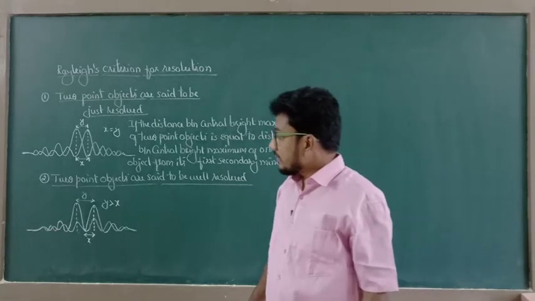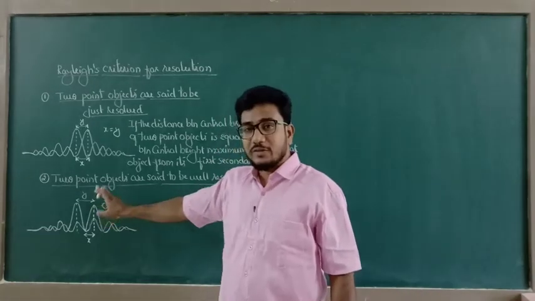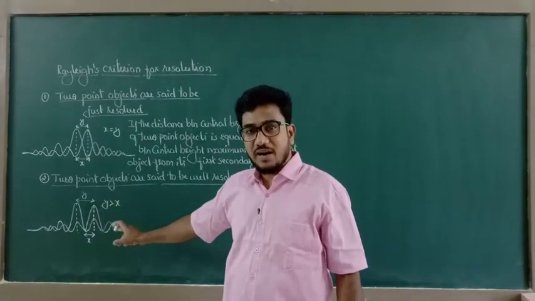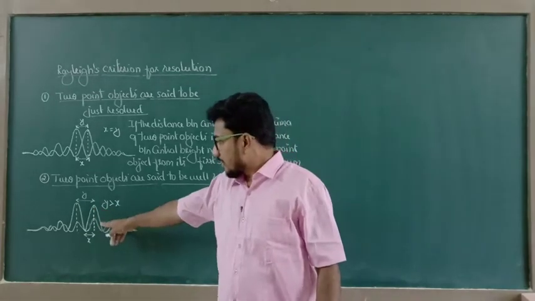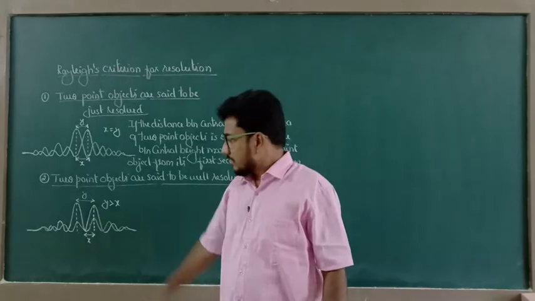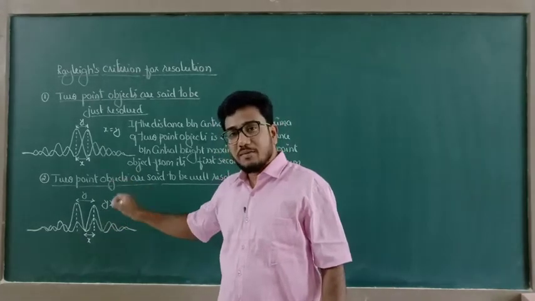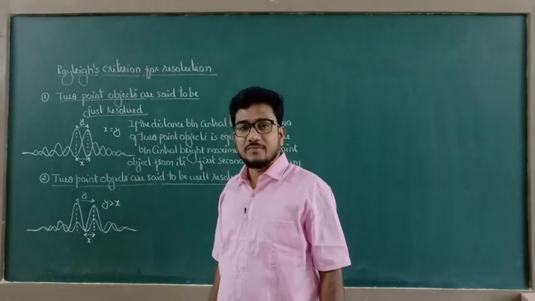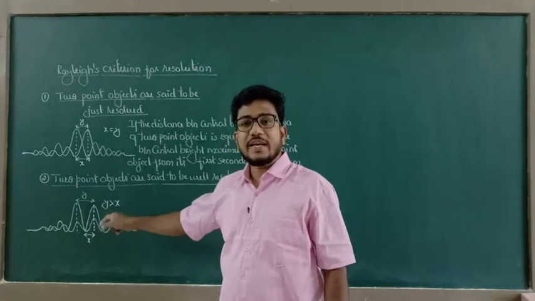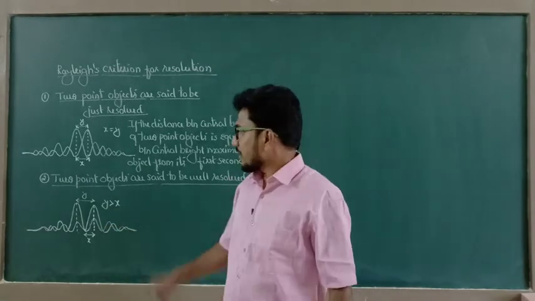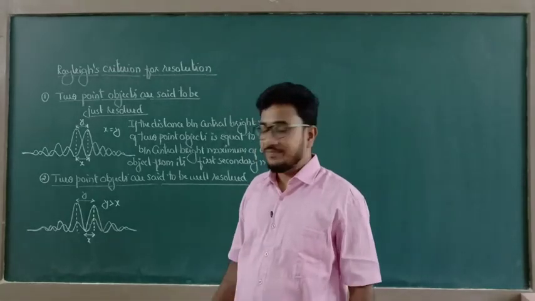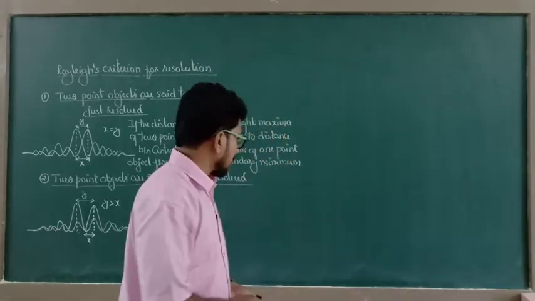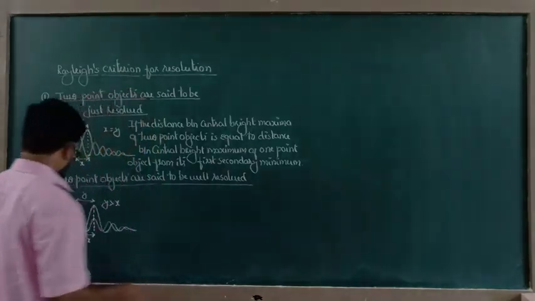So here y is greater than x means the distance between central bright maxima of two point objects is greater than the distance of the central bright maximum of one point object from its first secondary minimum. Then those two objects are said to be well resolved. So note down the statement.